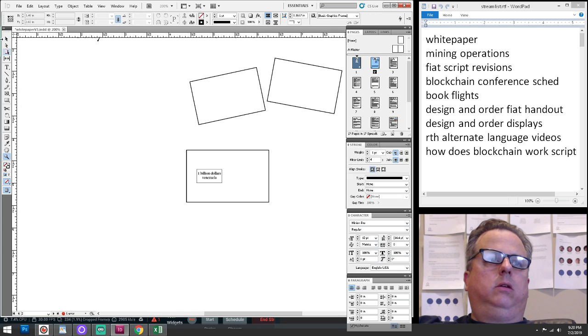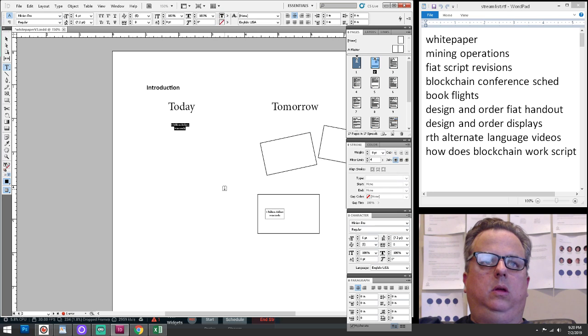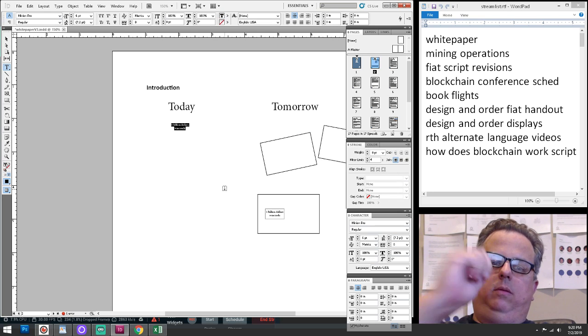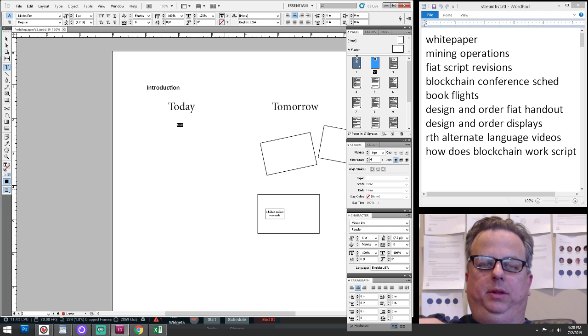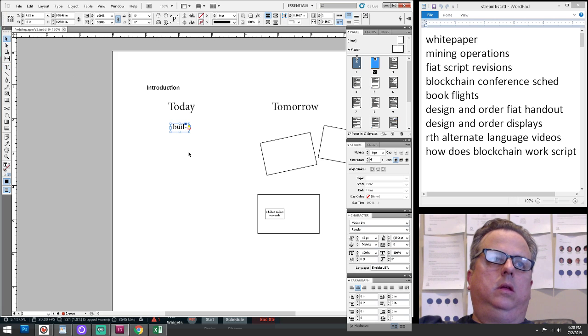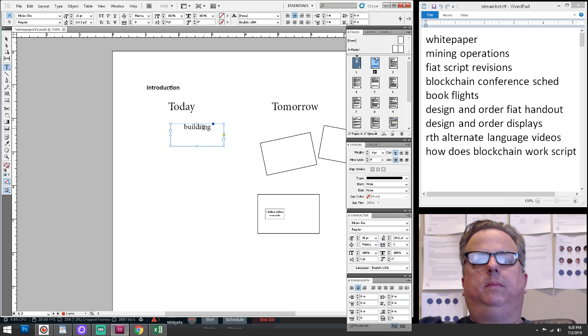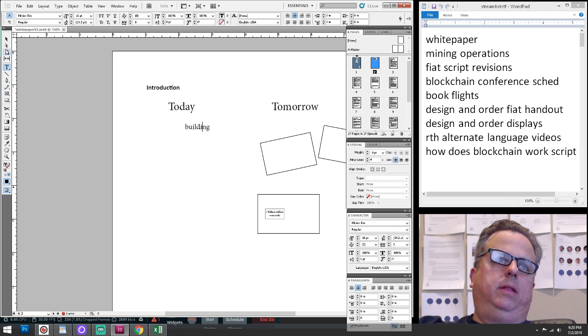And in here, there's essentially, well, let's stay on track here. So right now this is going to say, building good. There's supposed to be a drawing that was associated with this, but I'll come back to that.